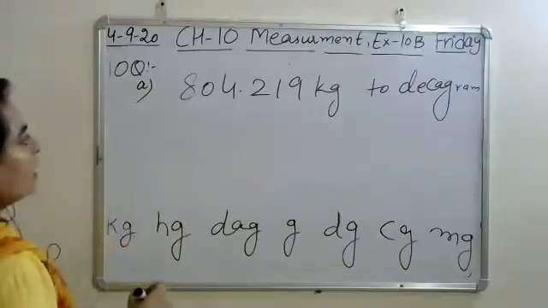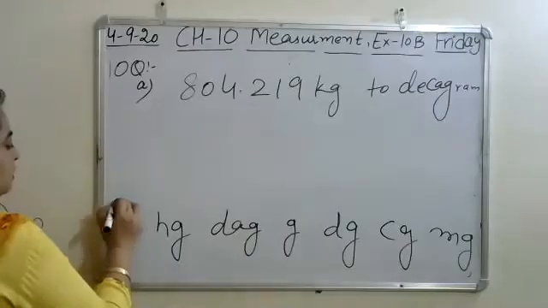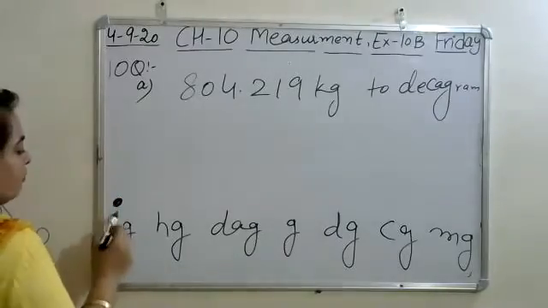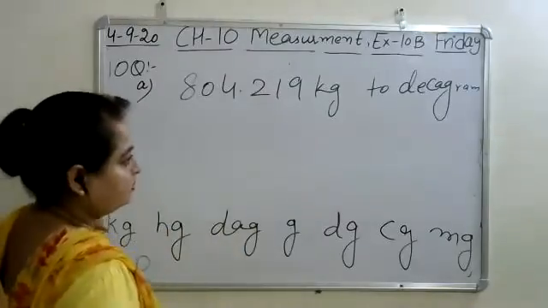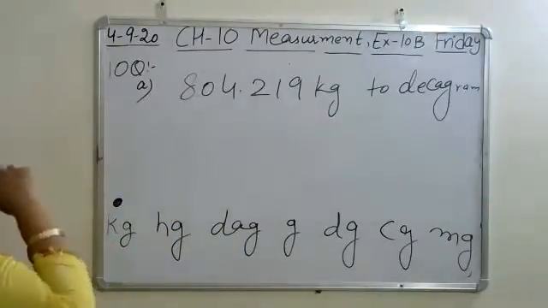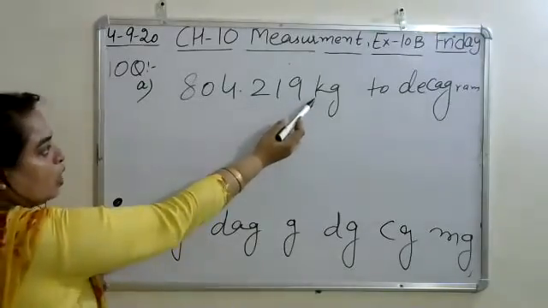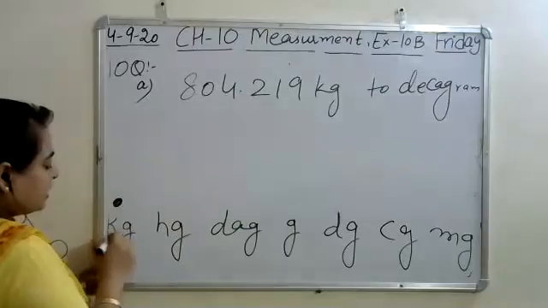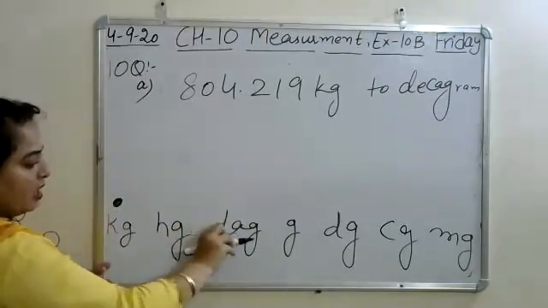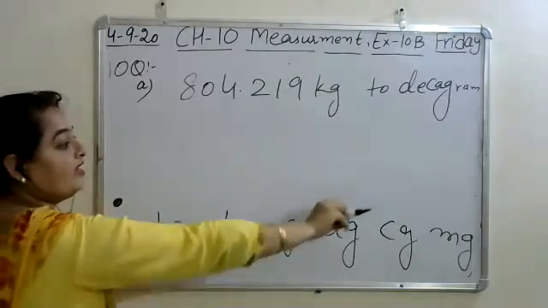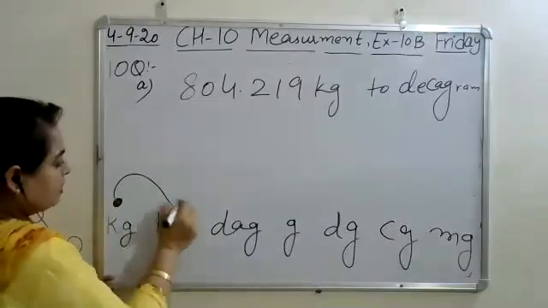And in the question, kilogram is given to you. It means you are here. Now tell me, how can you convert kilogram to decagram? Jump on which side? Ma'am, left hand side. You are here. Kilogram is given to you. This is kilogram. And the question is decagram. This side is right hand side. So this is 1. This is 2.